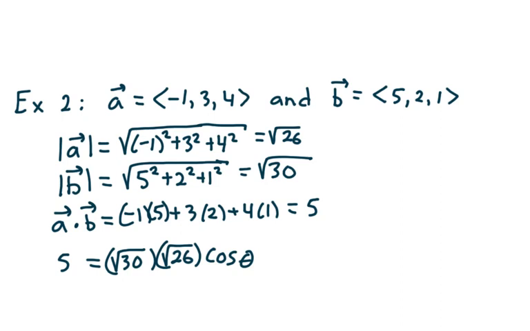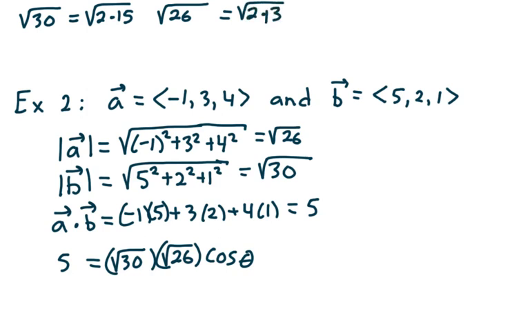So I'm going to come up here. Remember that square root of 30 is the square root of 2 times 15, right? And the square root of 26 is equal to the square root of 2 times 13, right? So let's write that a little neater.